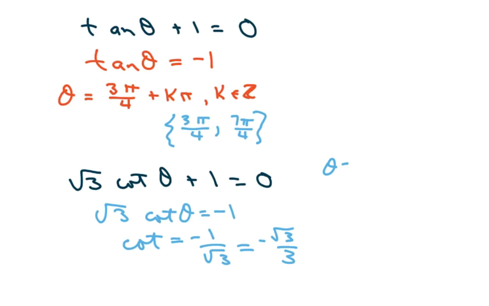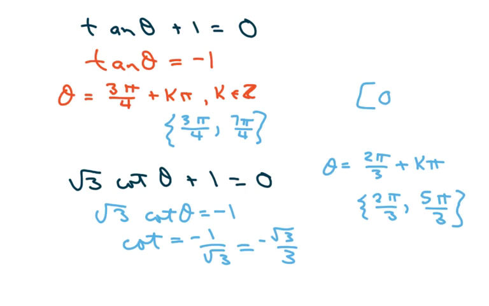So we have theta is 2 pi over 3. And I'm putting just k pi because cotan's period is also pi, or 180 degrees. And our 2 solutions in this case would be 2 pi over 3 and 5 pi over 3. Okay, because we only can go from 0 to 2 pi. Since we have 3's here, we can't go higher than 6 pi over 3, because that equals 2 pi.